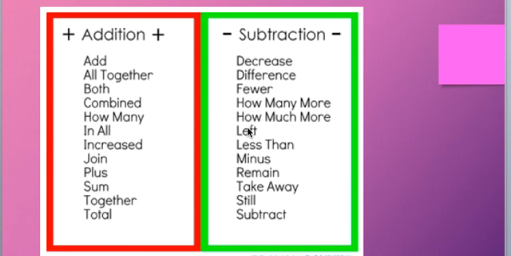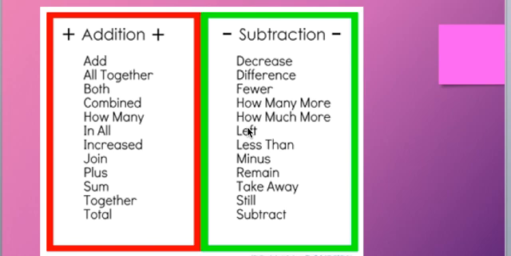So before we begin, I just want to review some of the key words that we need to identify that will help us to know whether it's addition or subtraction. Some addition keywords are add, altogether, both, combined, how many, in all, increased, join, plus, sum, together, and total.